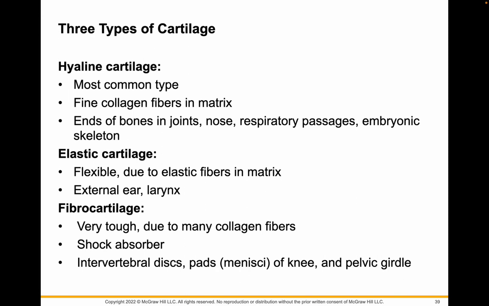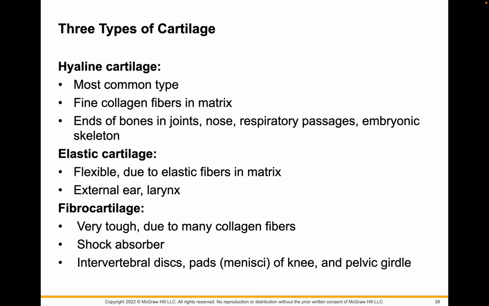In that joint, you have 2 bones coming together, and you want to protect the ends of those bones so that they don't rub up against each other and break the bone. So the articular cartilage on the ends of the bones is made of hyaline cartilage. You find it on your nose, that's the end of a bone, and your respiratory passages. And remember, I told you your skeleton as an embryo was cartilage and was eventually replaced by bone. It was hyaline cartilage.